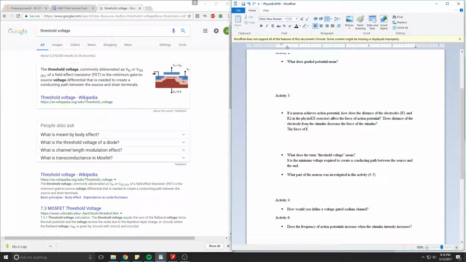The force of the action potential is not decreased with distance.